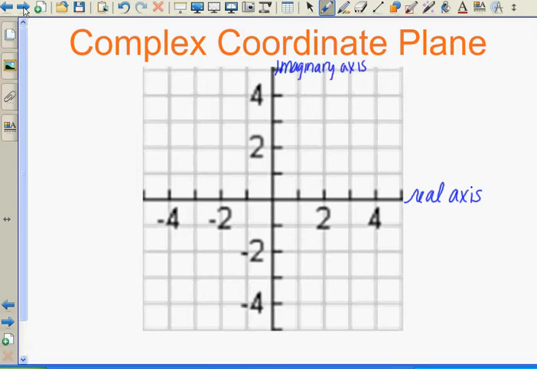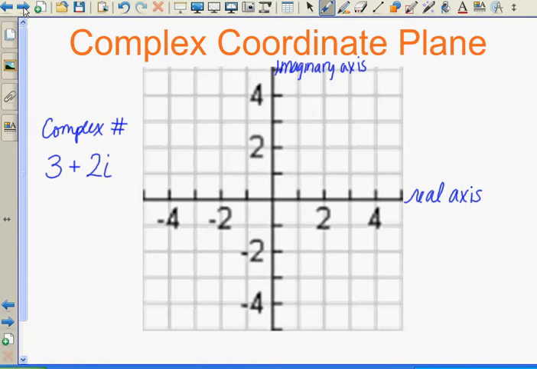So let's say I wanted to plot a complex number. Remember, complex numbers are where we show the real component and the imaginary component. So let's say we have the complex number of 3 plus, and it has an imaginary component of 2i.